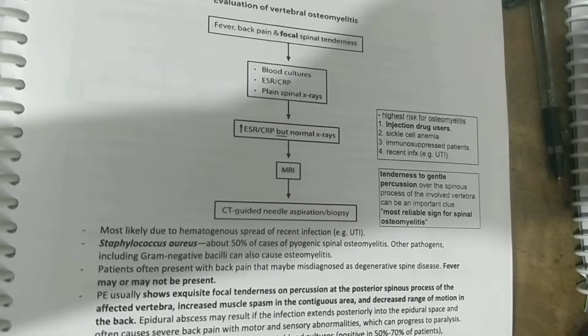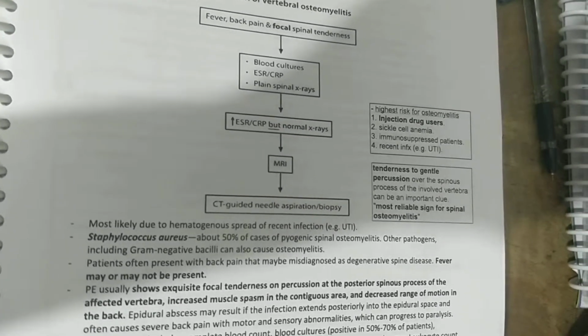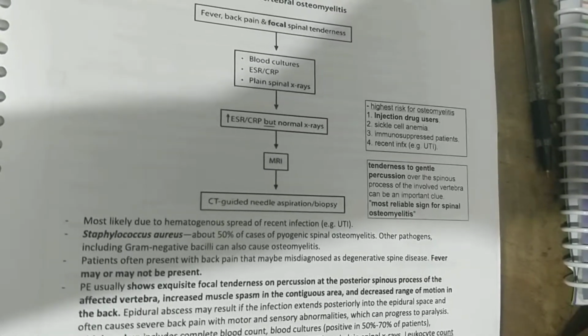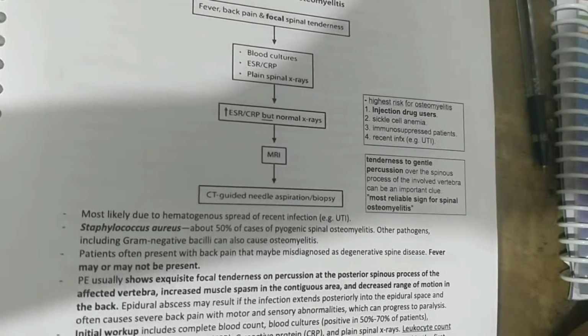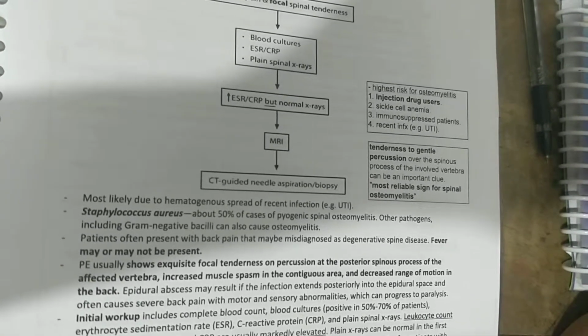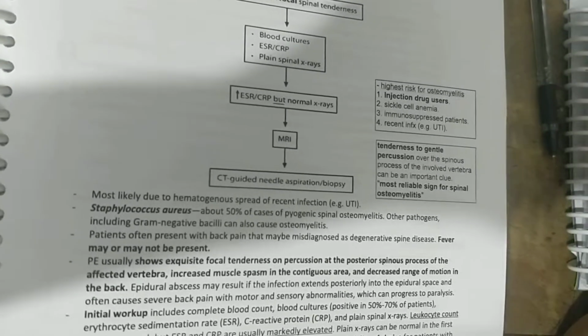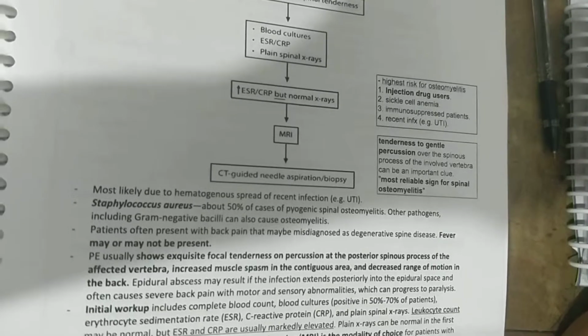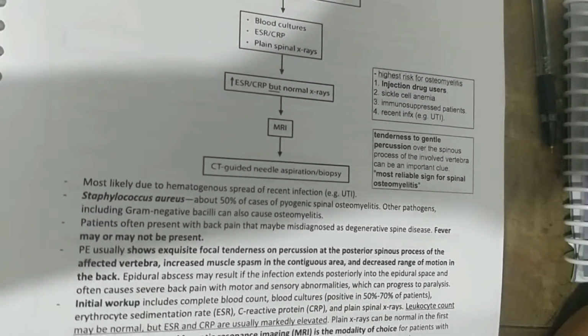Patients often present with back pain, and if they don't have the fever, which sometimes happens in vertebral osteomyelitis, it can be misdiagnosed as degenerative spine disease. And as we talked about the clinical features, focal tenderness on percussion of the posterior spinous process, due to which the surrounding inflammation will lead to muscle spasm and decreased range of motion.